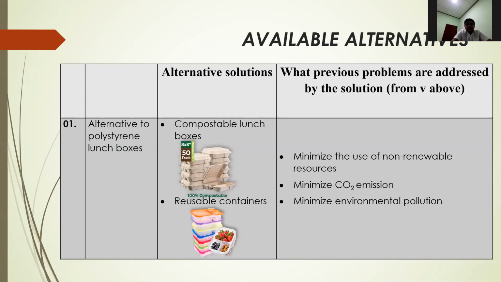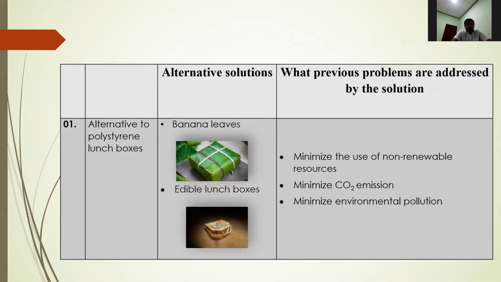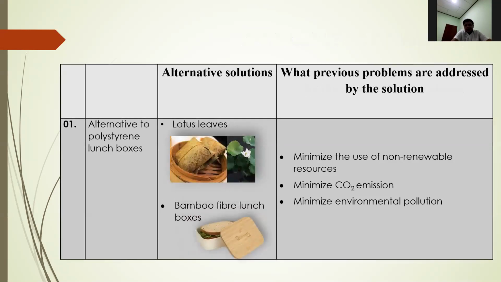Next, let's see what alternatives are available in present society for the polystyrene lunchbox, and what previous problems are addressed by these solutions. The alternatives are compostable lunchbox, reusable containers, banana leaves, edible lunchbox, lotus leaves, and bamboo fiber lunchbox.